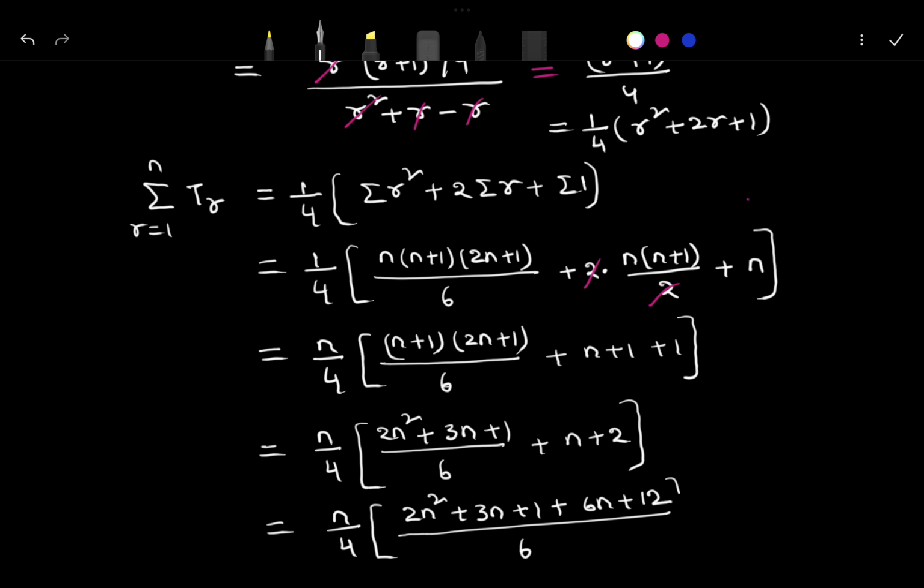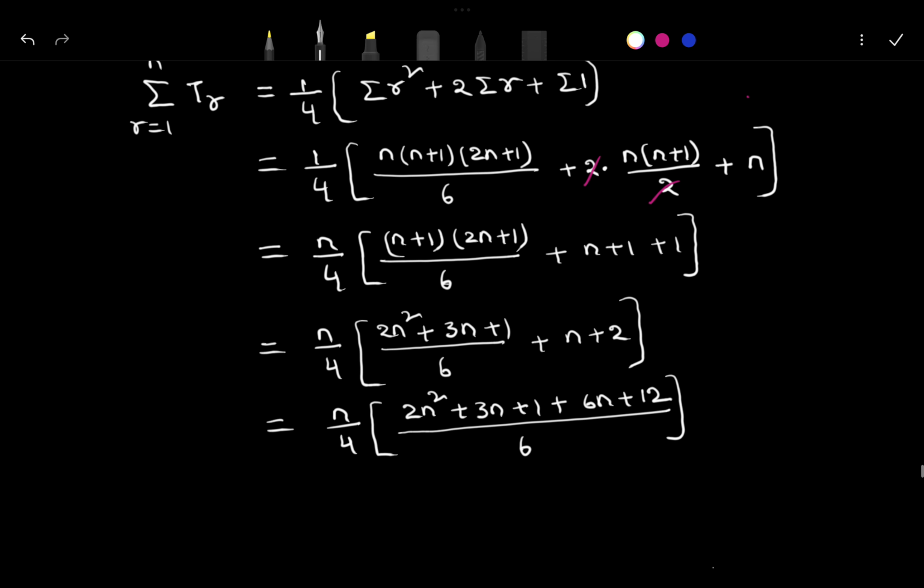This one is the LCM. Now you simplify this value, that is equal to n by 24 into (2n square plus 6n plus 3n, which equals 9n, and 1 plus 12 equals 13). So I hope that everyone is clear.